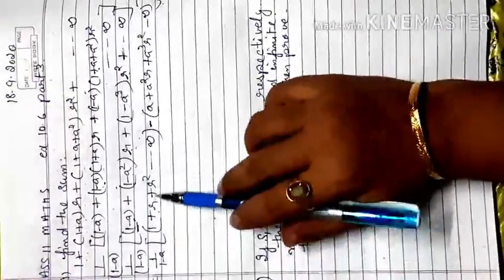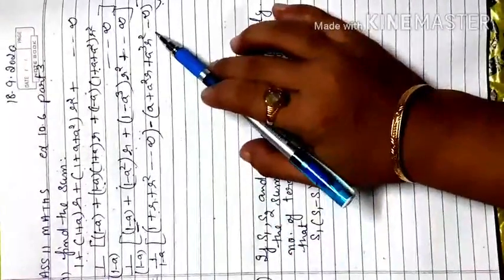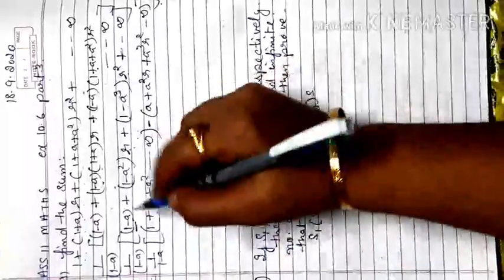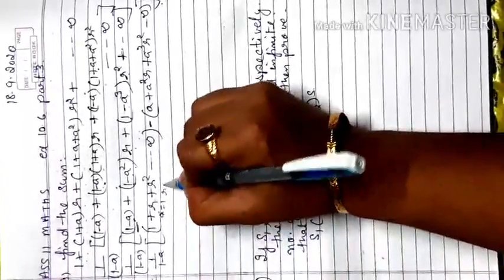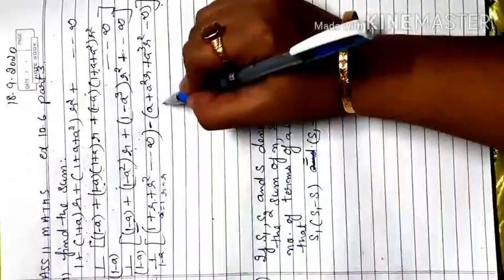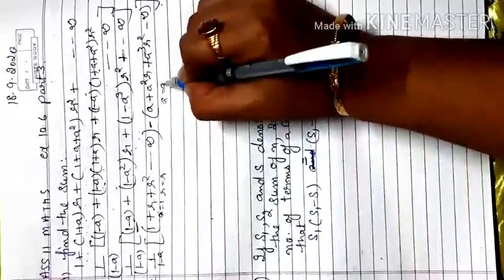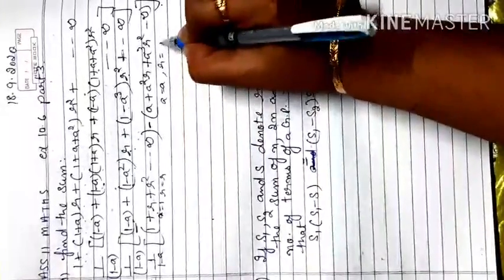Now if you look at it, this is a GP series, and this is also a GP series. Here in the GP series your first term a is 1 and the ratio is r. Here, if you look at this, your first term is a and the ratio is ar.